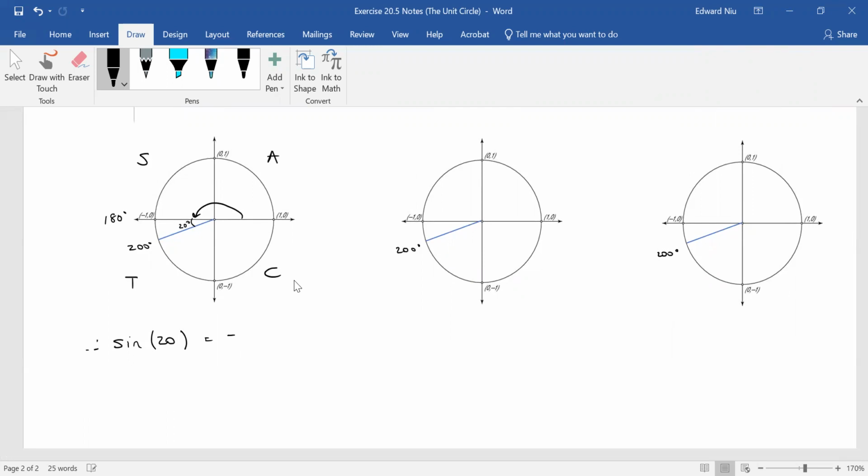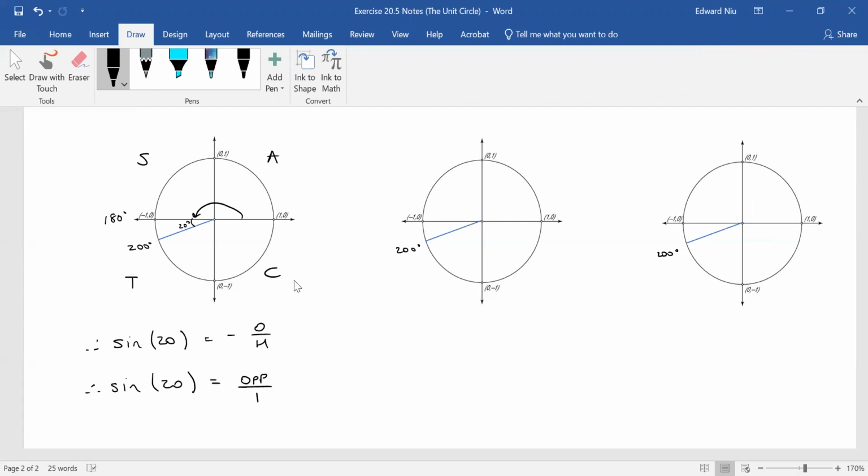All right, so it's going to be a negative opposite divided by hypotenuse. So therefore sine 20 is going to equal, well, the opposite is a mystery. Okay, so the opposite is just going to be a mystery.